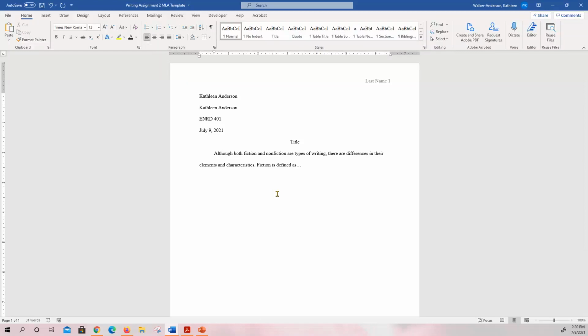So I might start out with, in contrast to nonfiction, fiction takes place in a specific setting and focuses on particular characters and events.